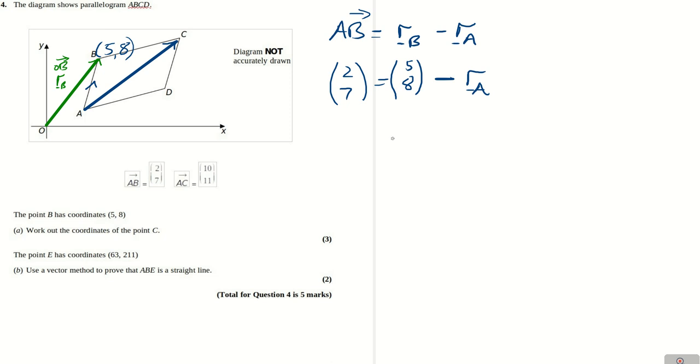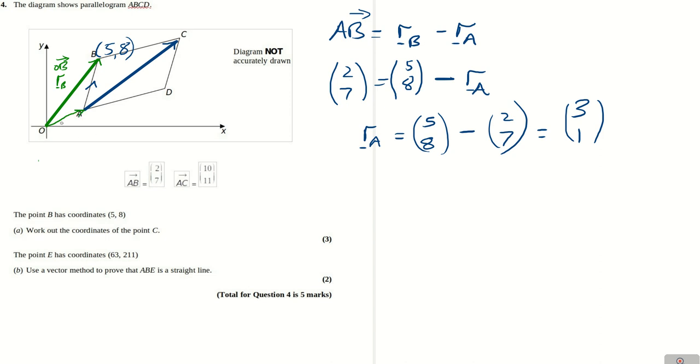So if we just rearrange this equation, we're going to get r_A equals (5, 8) minus (2, 7). And that's 5 minus 2 is 3, 8 minus 7 is 1. So that tells us the position vector of A, which again I can show, it's that line there.